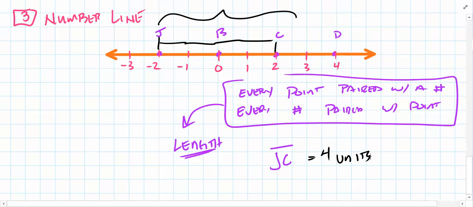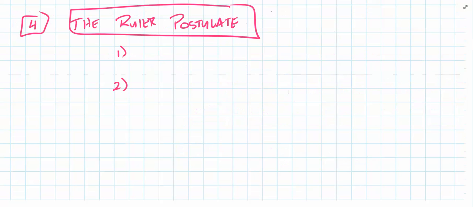All right, the ruler postulate is so basic, you're going to be like, why are we even talking about this? But we're going to cover it really quickly. So the ruler postulate says this.